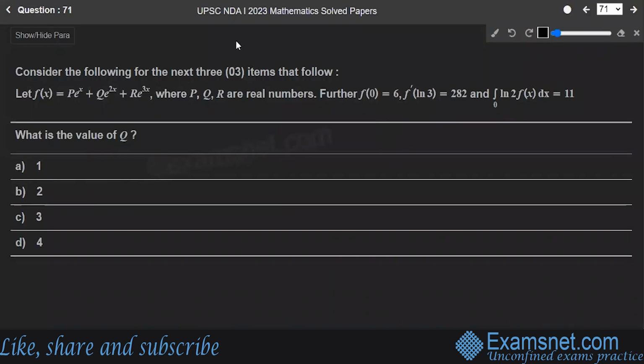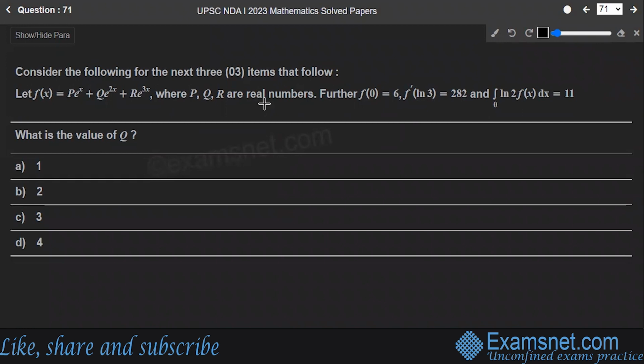Number 71. So 71 and 72 and 73 will be based on this statement only. It says let f(x) is equal to p e raised to power x plus q e raised to power 2x plus r e raised to power 3x, where p, q, r are real numbers. Further, f(0) is 6, first derivative at natural log of 3 is equal to 282, and this integral value is equal to 11.